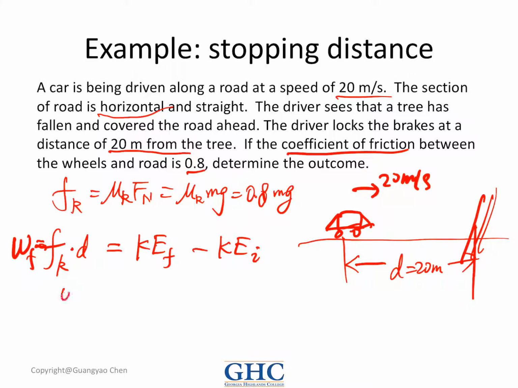So you have 0.8 mg times d equals 1/2 m vf squared, subtract 1/2 m vi squared, and vi is 20 meters per second. d is 20 meters. g is 9.8.